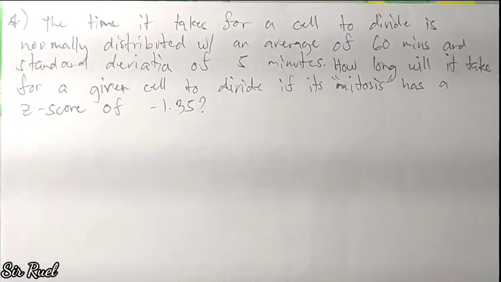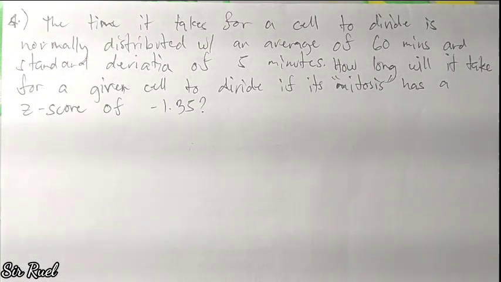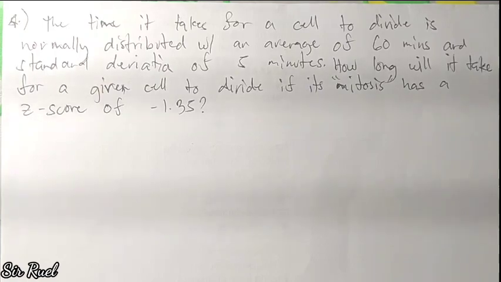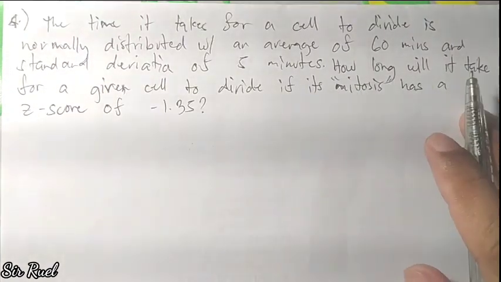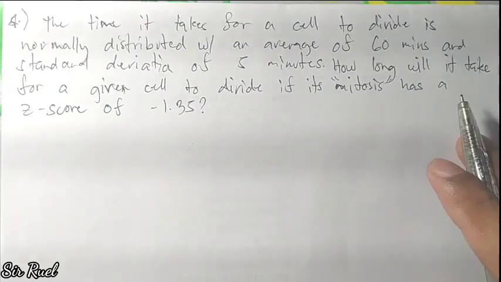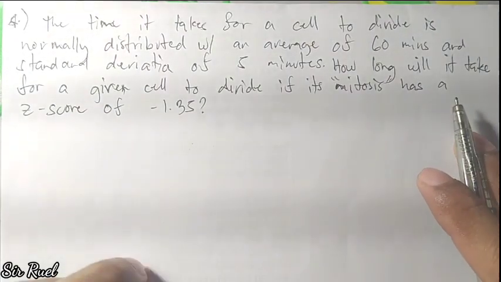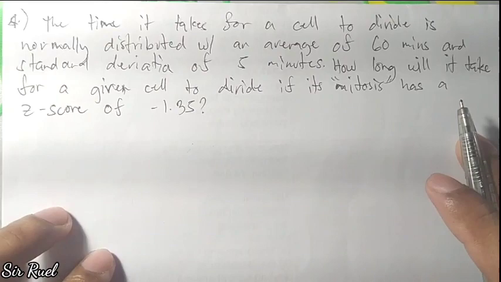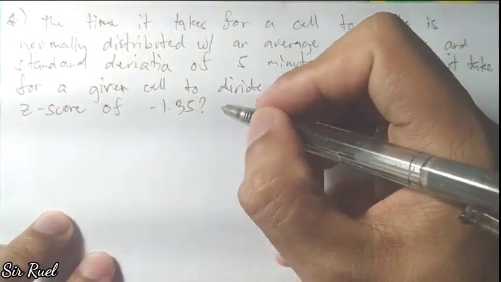The time it takes for a cell to divide is normally distributed with an average of 60 minutes and standard deviation of 5 minutes. How long will it take for a given cell to divide if its mitosis has a z-score of negative 1.35? Madali lang to. Ulitin lang natin yung formula.